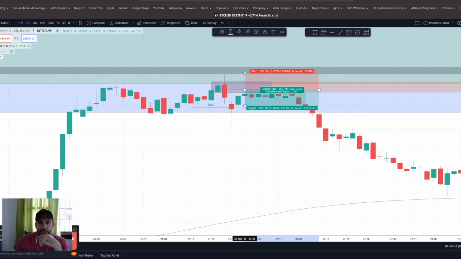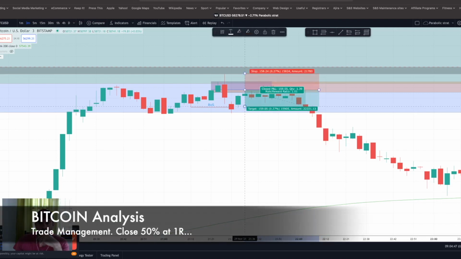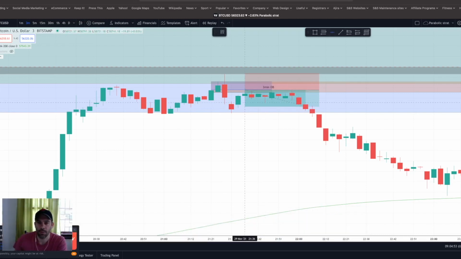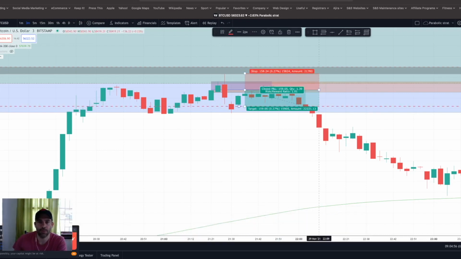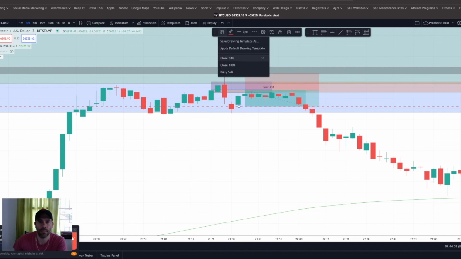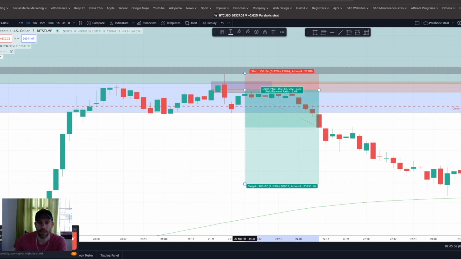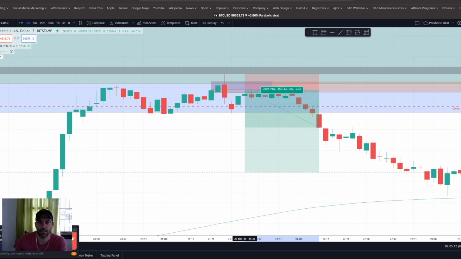Now, according to my management rules, I look for a 1-to-1. So I'm just going to remove that. We know there was a break of structure. So let me just put how I would have managed this trade. This would have been a close 50% right there, and then we would have looked at 5R to close the rest, about over there.